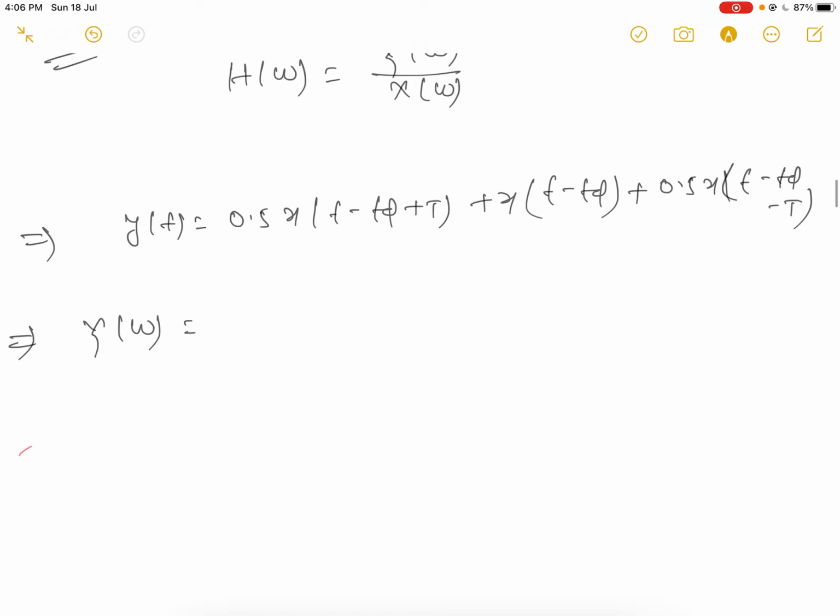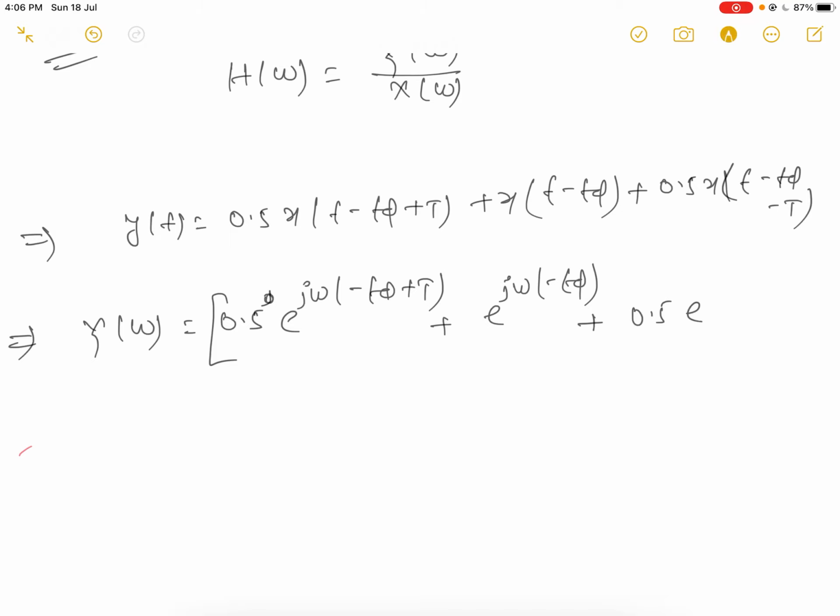Y(omega) is equal to 0.5 e to power j omega (minus td plus T), next will be e to power j omega (minus td), and plus 0.5 e to power j omega (minus td minus capital T), and X(omega) is common, so I have taken it outside.